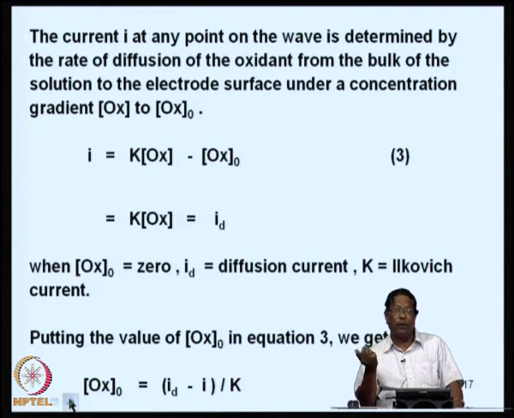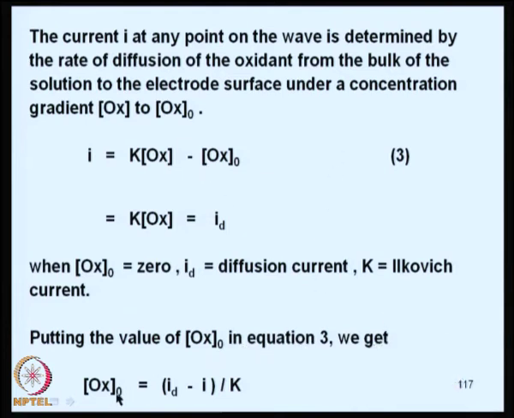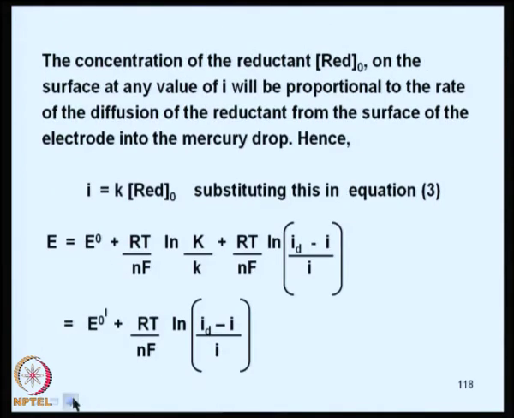So, as usual we can ignore the contribution from Ox naught, that is on the mercury surface, and we can write K Ox is equal to I_d, I_d is equal to K Ox. And when Ox naught is 0, I_d is simply the diffusion current and K is the Ilkovic constant. Putting this value of Ox naught in the equation 3, what we get is Ox naught is equal to I_d minus I divided by K. Very simple derivations I am going to give you now.